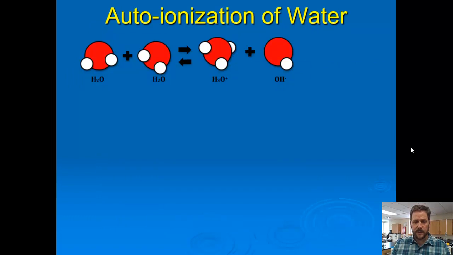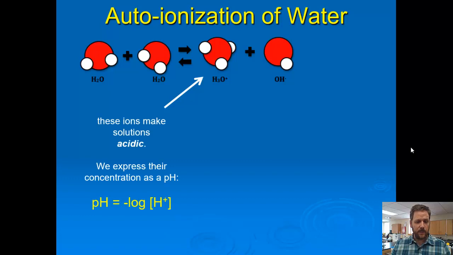So to summarize, in a solution of pure water, some of the water molecules will ionize to form equal amounts of hydronium and hydroxide. But in other solutions that are acidic or basic, there'll be different amounts of hydronium than hydroxide. If there's more hydronium, which are the species which make a substance acidic, we calculate pH as the negative log of hydronium ions.